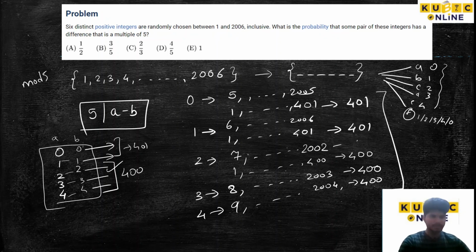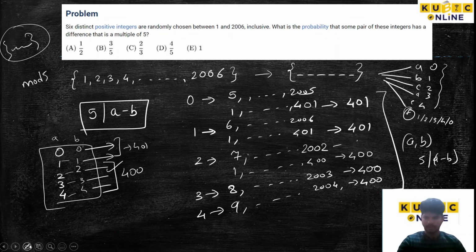So we can pair this F with one of these to get A comma B such that 5 divides A minus B. So if we form literally any group of 6 integers, we will always find 2 integers such that A minus B is divisible by 5. So that's why the probability will be 1. Okay. So that's it for number theory. So I'll see you in the other lectures. Thank you.